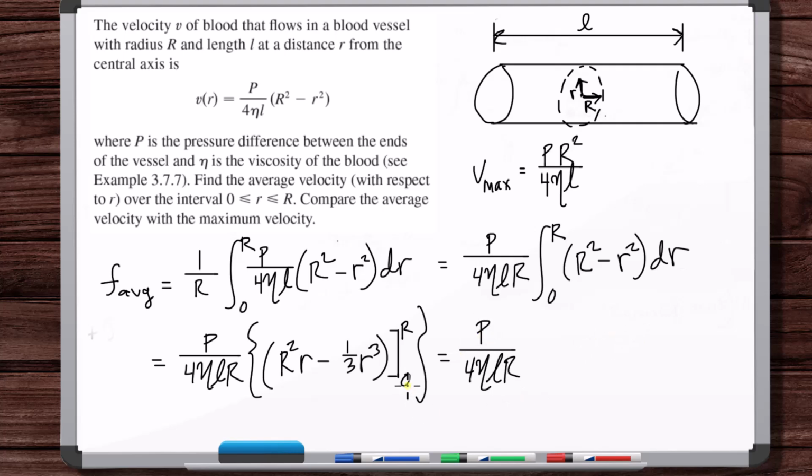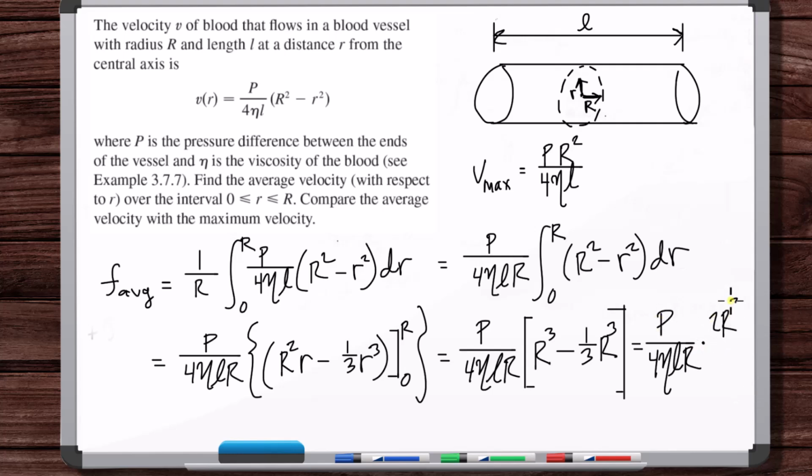When lowercase r is equal to 0, this goes away, so we just need to plug in capital R, which is R cubed minus 1/3 R cubed, which is 2/3 R cubed, and so this cancels.